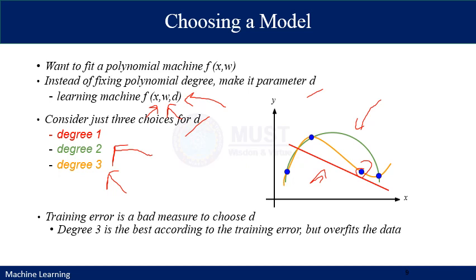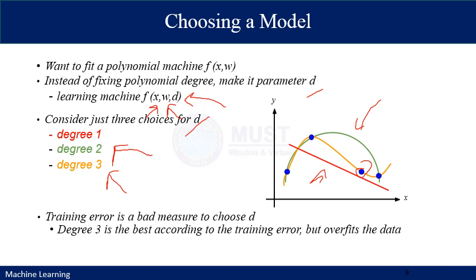In the first case there was enormous error, because the algorithm was unable to classify or predict any of the examples. In the second case, the training error is 1 out of 4, and in the third case, the training error is 0 out of 4.